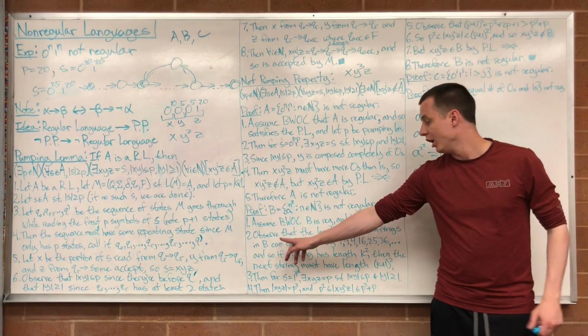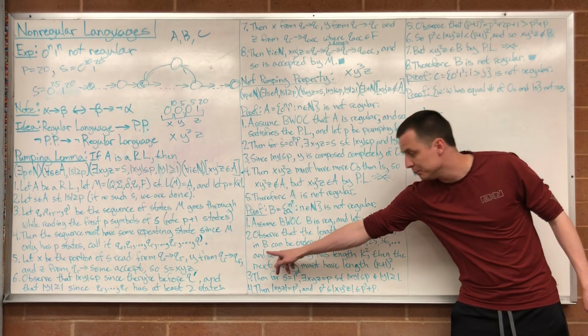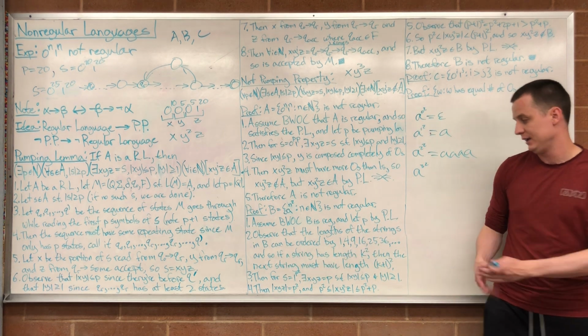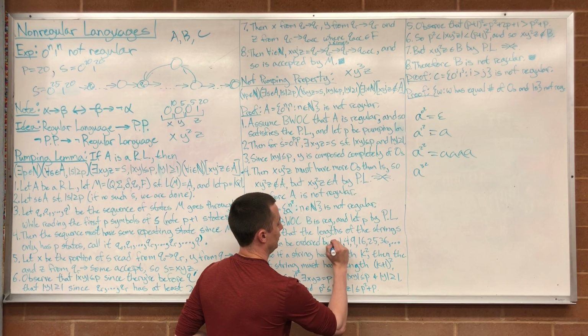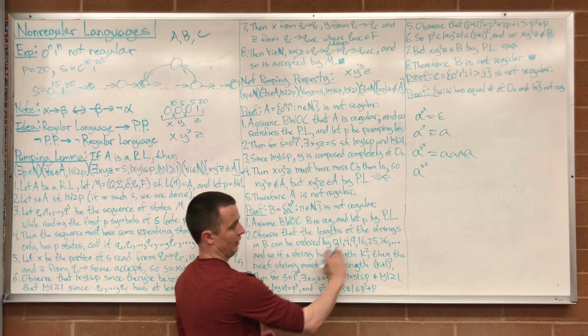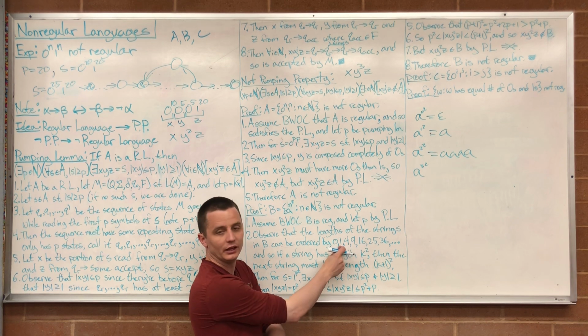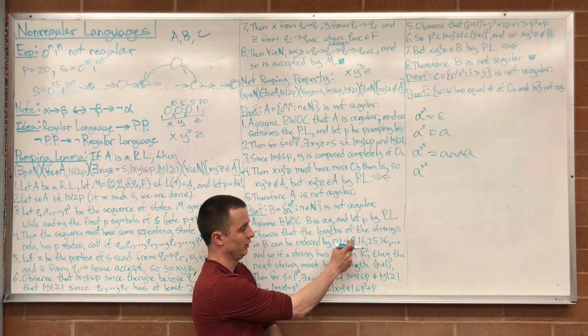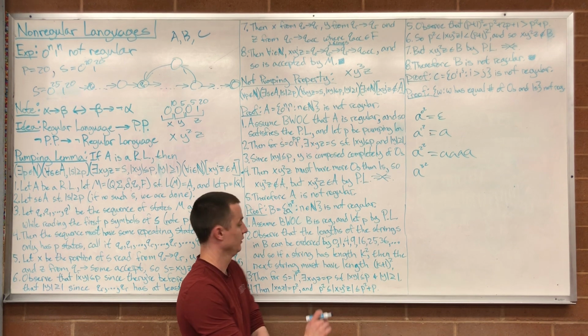Okay, observe that the lengths of the strings in B can be ordered: the first length is 0, then 1, then 4. If we put all the strings in order of length, our first string would have length 0, our second string length 1, our third string length 4, then 9, 16, 25, 36, etc. You with me?